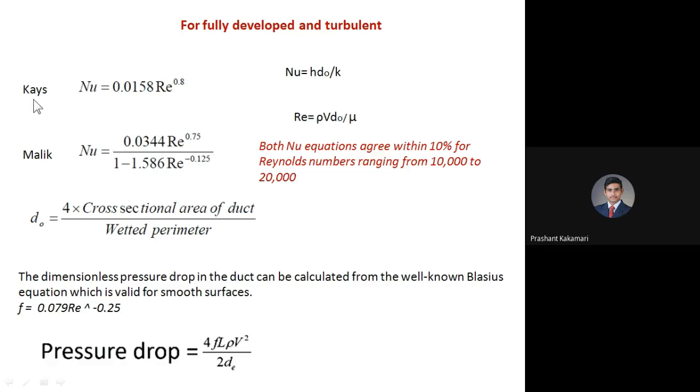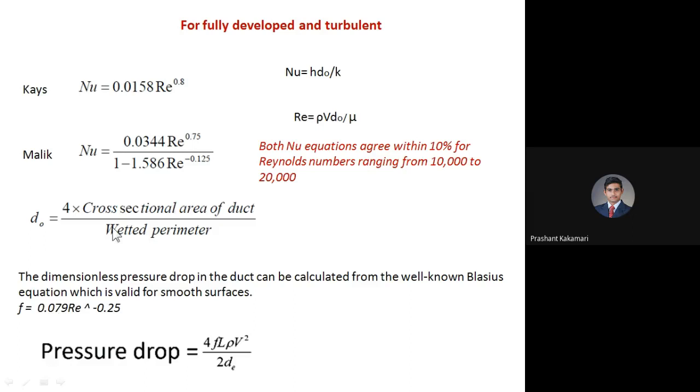You can use the Kays equation, which is the simple one here, or a different equation if it is mentioned in the problem. They say that for Reynolds numbers ranging from 10,000 to 20,000 the values are within 10%, which means it is only for turbulent flow. If it is laminar flow, then the Nusselt number can be taken from the heat transfer data handbook, or the correlation will be given in the problem.